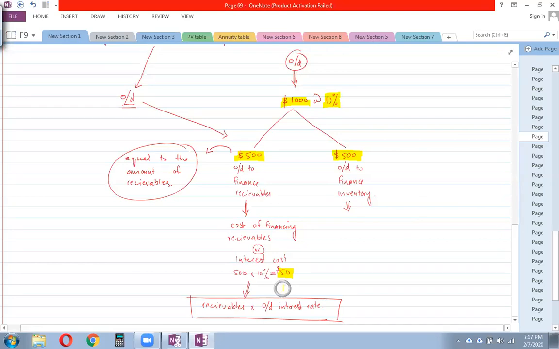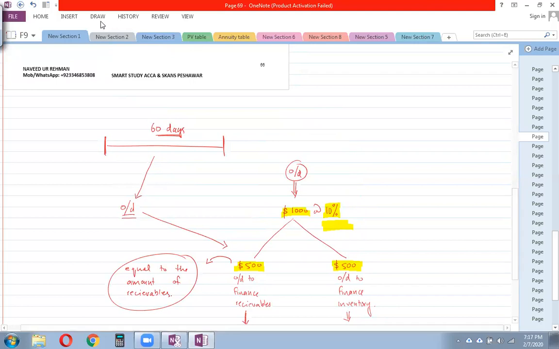Yes, one way of reducing this will be to take overdraft or look for the overdraft which has cheaper interest rate. What is the other way of reducing this cost? Yes, you try to sell less on credit, or you try to receive early from your customers, right?